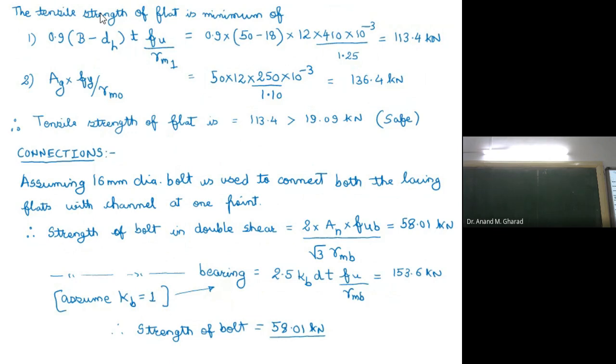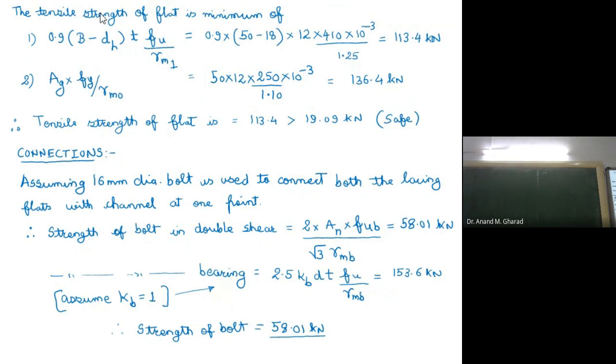So for that we are supposed to check both the capacities. Keep in mind, whenever you design any member for, let's say, compression, then you are supposed to check it for tension as well. That's what we are doing over here.